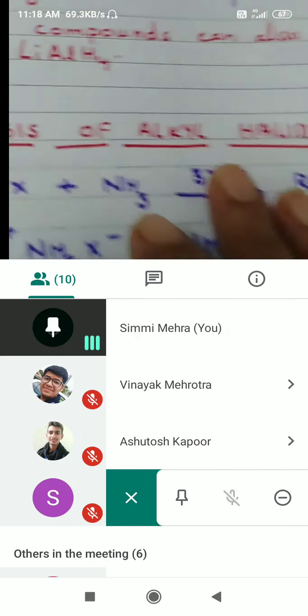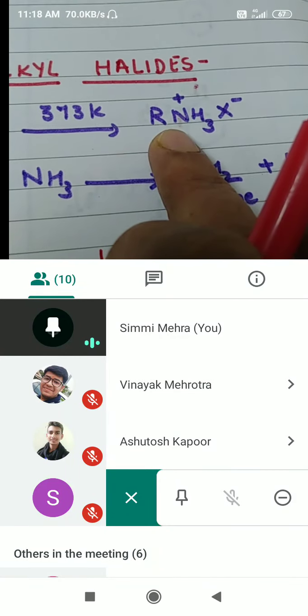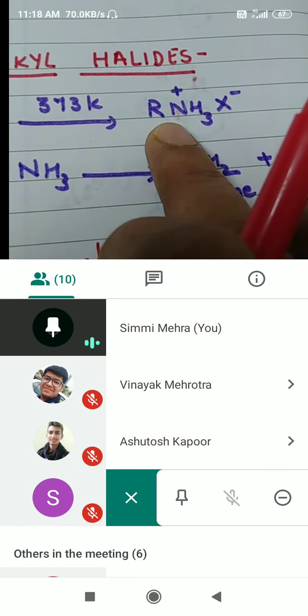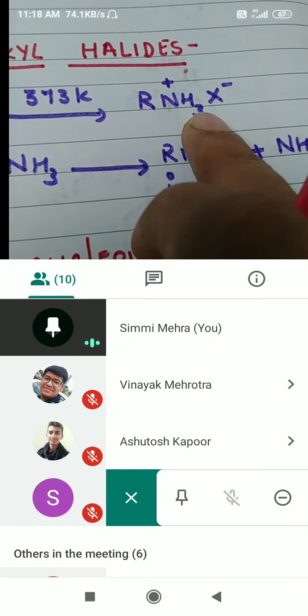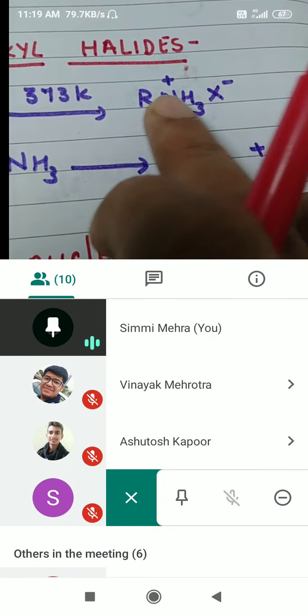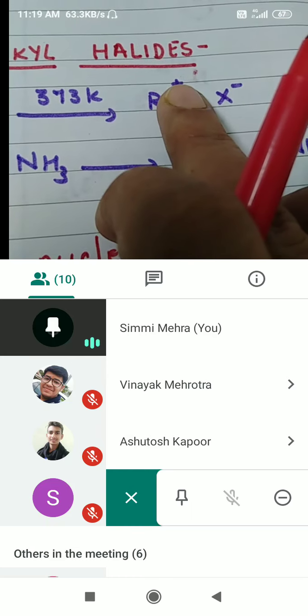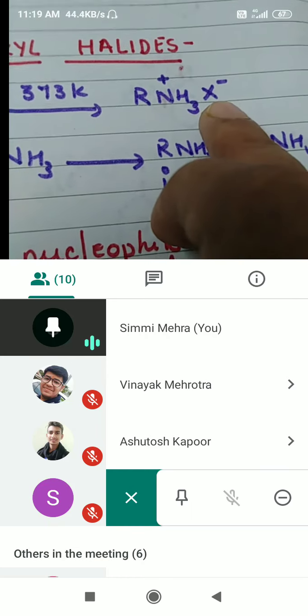Now, we'll come here. This is going to be a quaternary ammonium salt. How? In NH3, here 3 hydrogens are intact. The fourth alkyl group is joined to ammonia by means of a coordinate bond, this plus charge. What is this X minus?